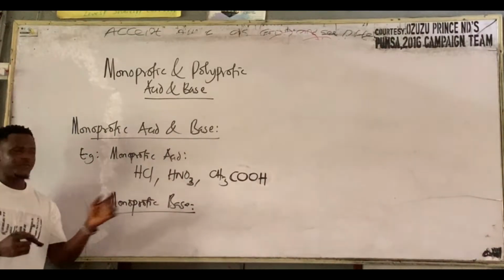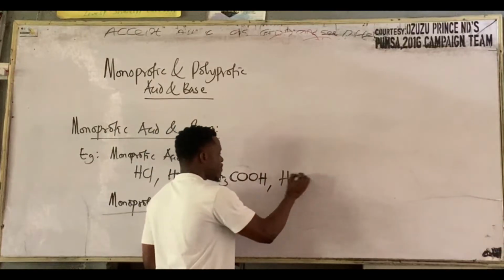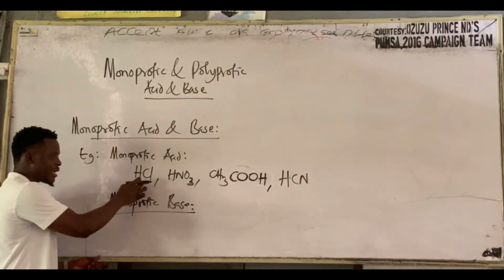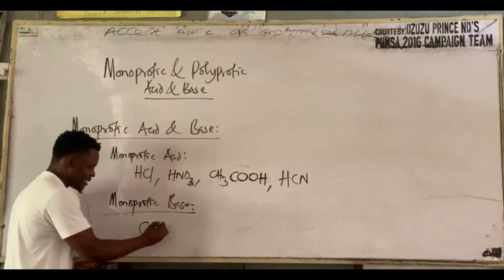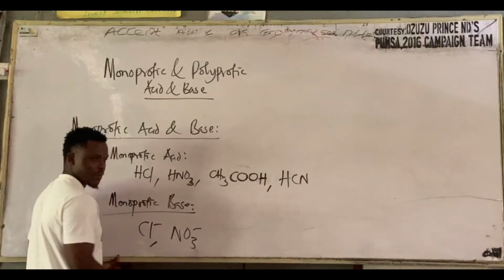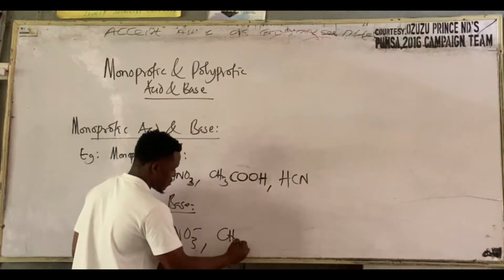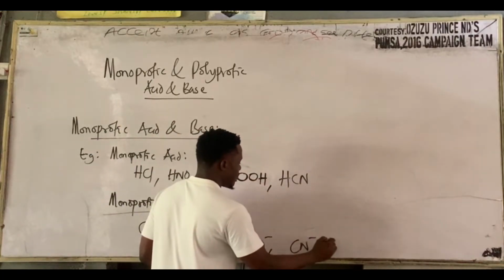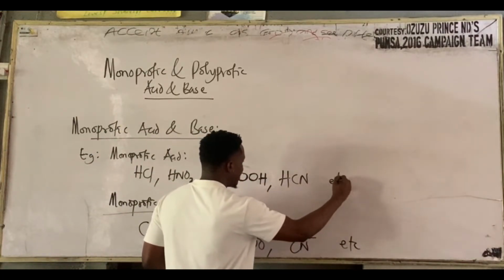Can you give me an example of it? Let's add this guy. The list is endless. Can you give me an example of a conjugate base of this guy? Because this guy can only accept what? One proton. Etc. The list is endless.